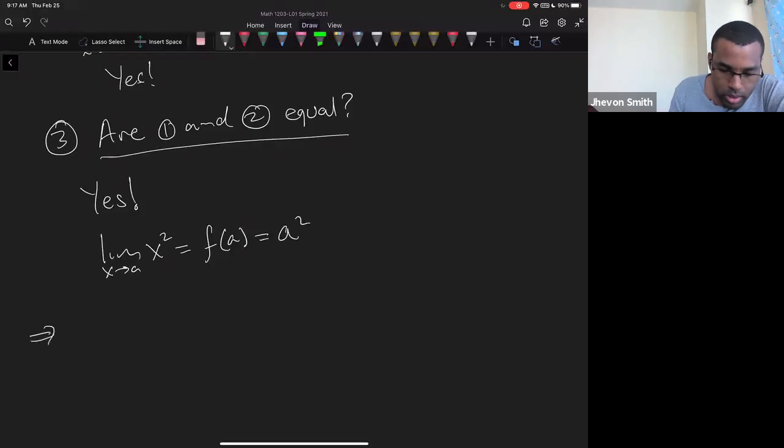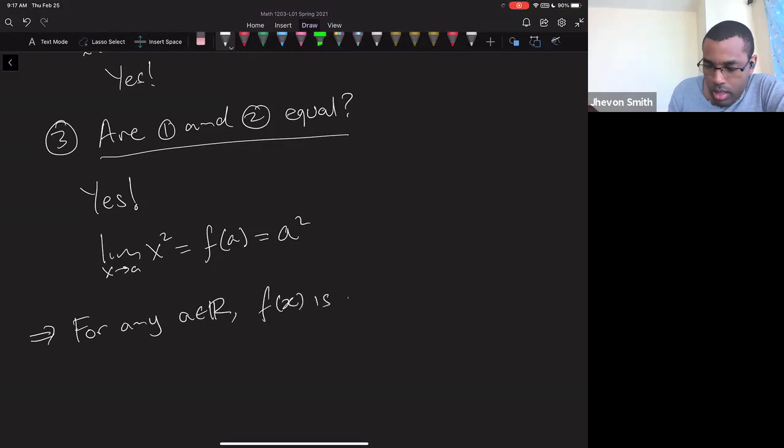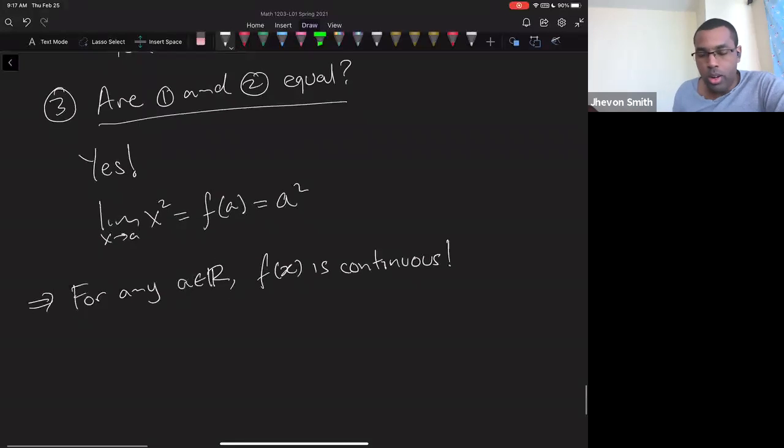So this means for any A, f of x is continuous. Right? So that's how you can prove for any polynomial that it's going to be continuous.